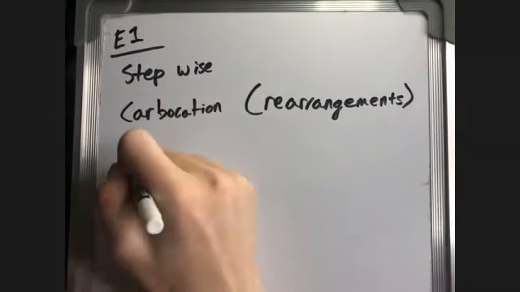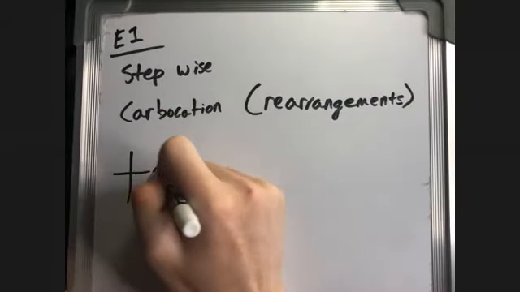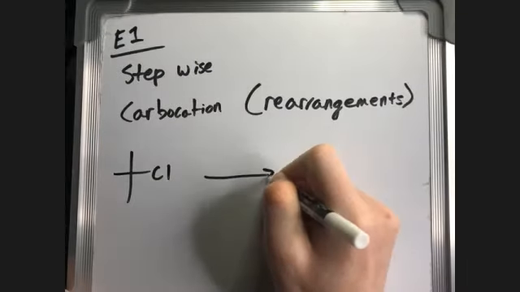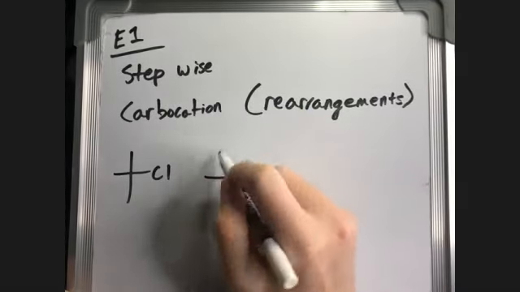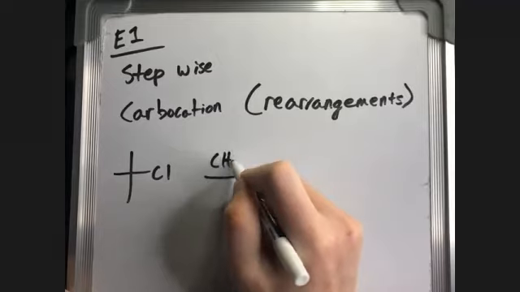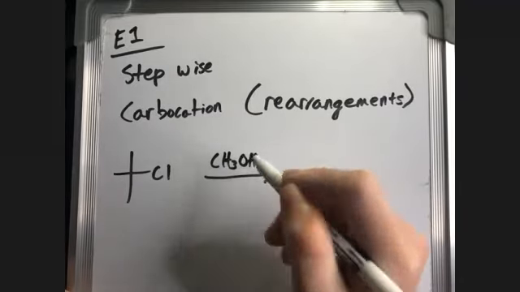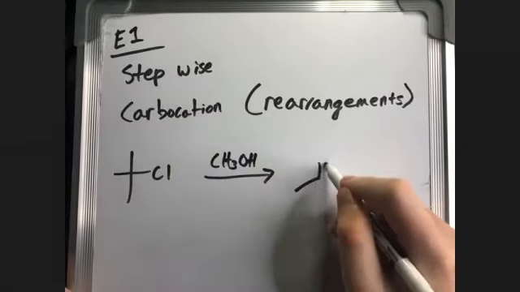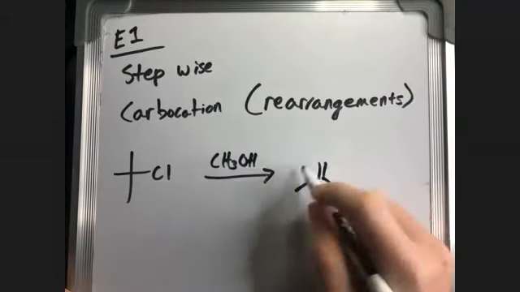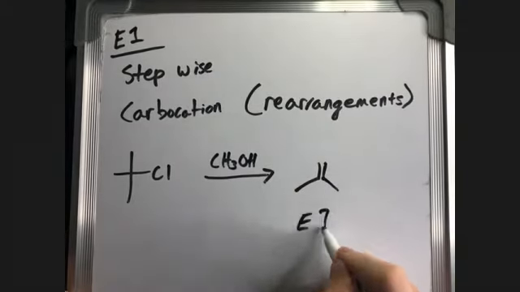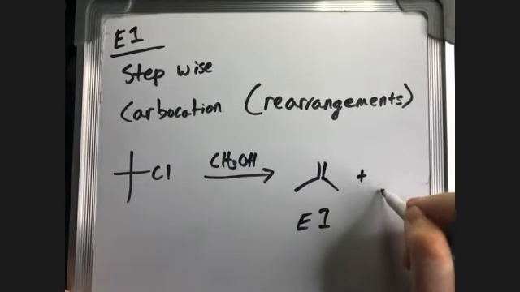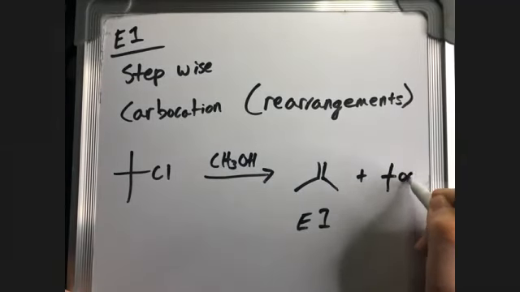So let's just look at a specific example here. We have this tertiary alkyl halide. You can then do this in some polar protic solvent like methanol. You're going to get a mixture here, but this is the E1 product. And then you could also get the Sn1 product, which is the substitution.